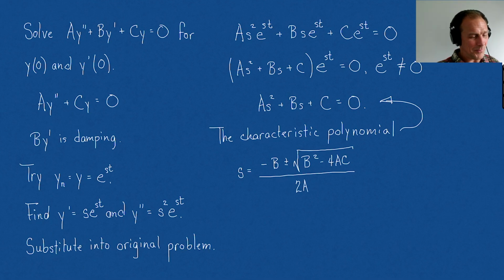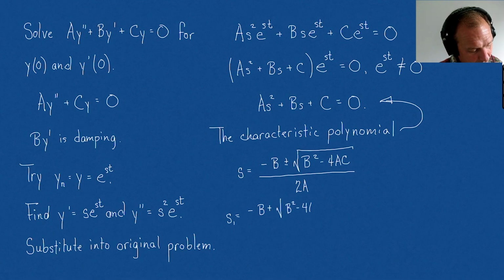And what we would do then is we say our null solution, notice it's going to have two solutions. One of those is s1 equals negative b plus the square root of b squared minus 4 times a times c, over 2 times a.